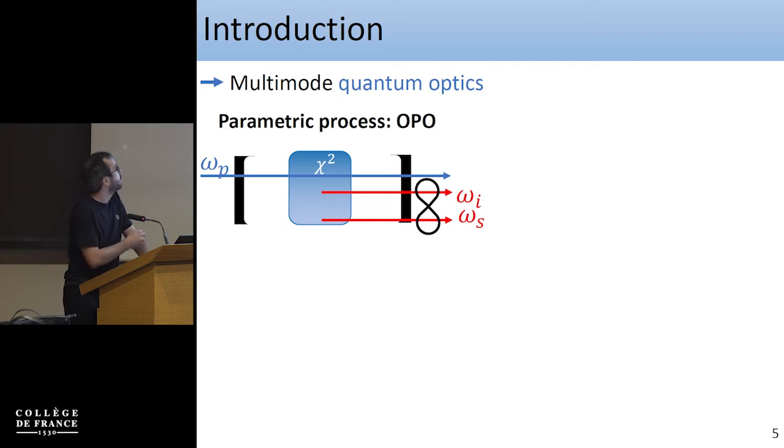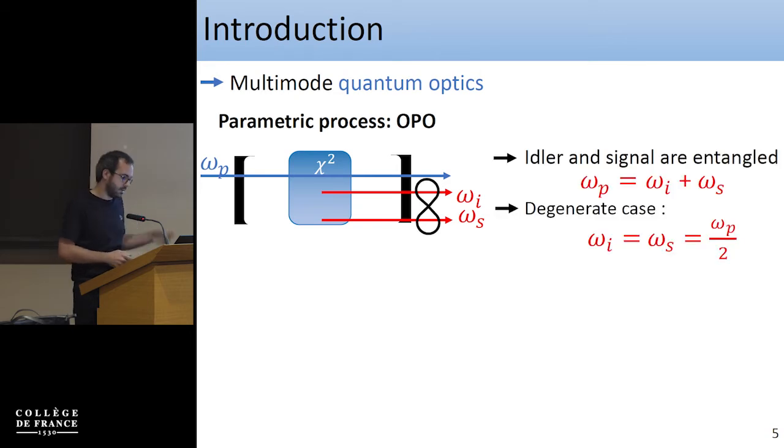So one blue photon will create two red photons, an idler and a signal, and they are entangled between them. We have energy conservation, and in the degenerate case, the frequencies are the same.